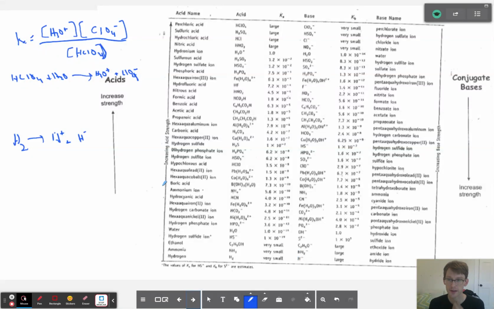By contrast, if you had H minus and you mixed it with H plus, you would get absolutely 100%, you would get it to go to the left. And that's why the Kb for hydride is very large. Have a good look at the relationship between an acid and its Ka, and then the conjugate base and its Kb. There will be very distinct relationships between them.